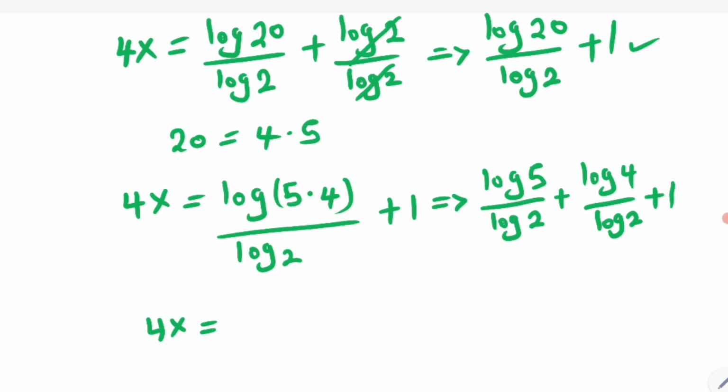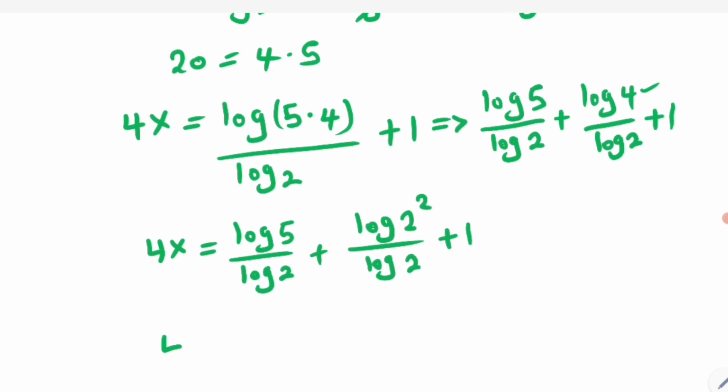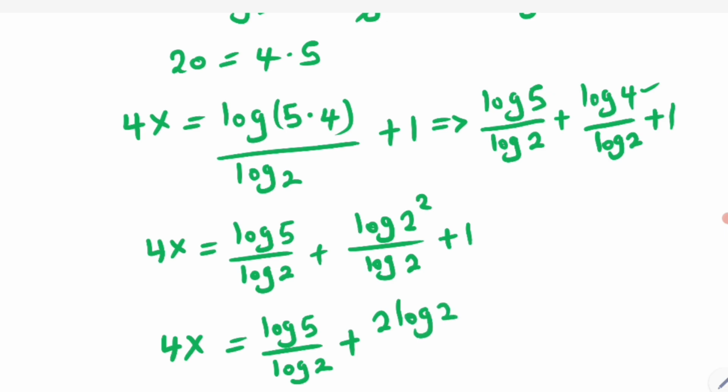4x is equal to log 5 over log 2 plus this can be written as log 2 square over log 2 plus 1. 4x is equal to log 5 over log 2 plus 2 log 2 over log 2 plus 1.